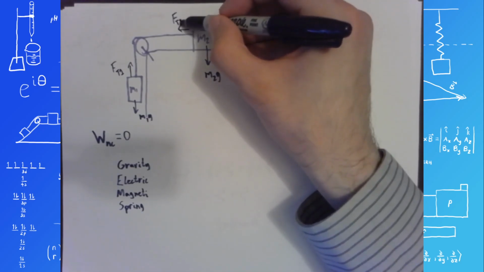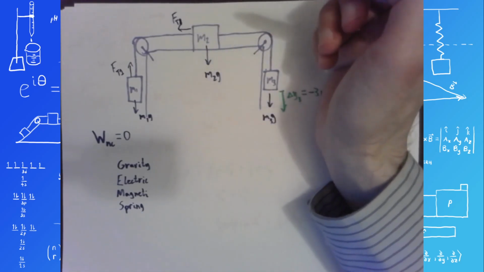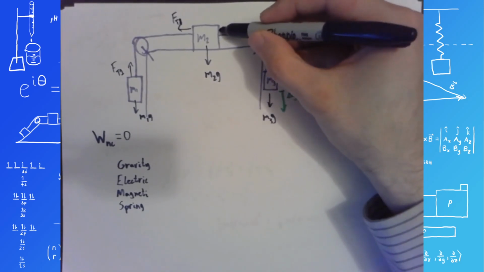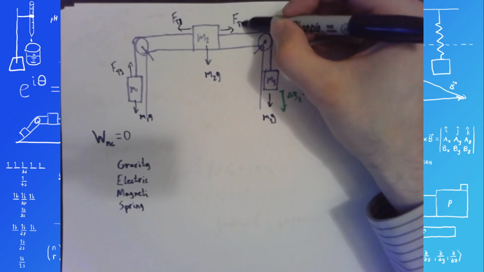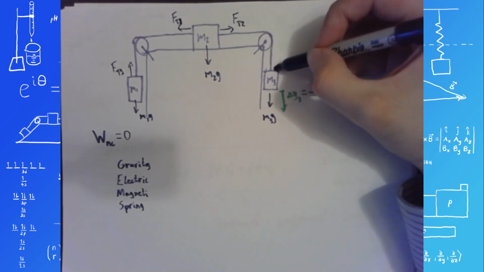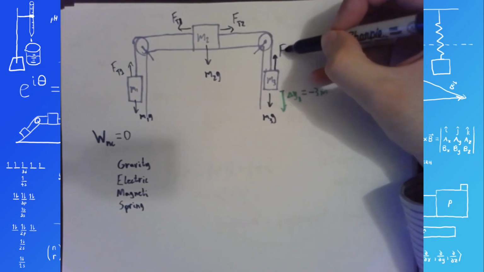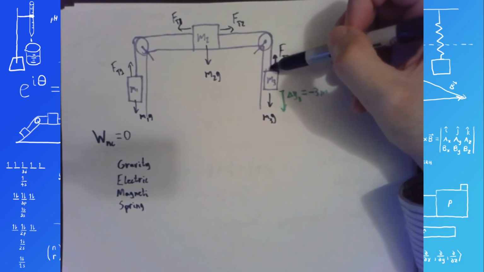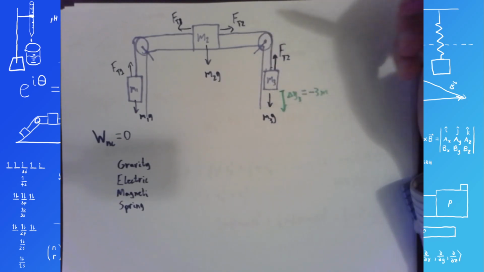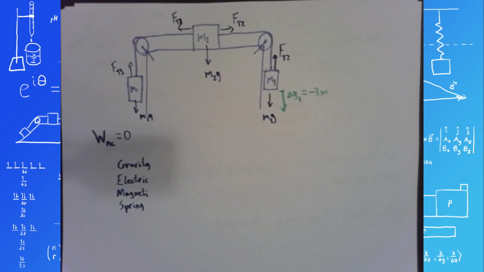Whoops, did I accidentally write a 2? Ft1. And on this side, it'll experience force of tension 2. And this thing will also experience force of tension 2. Technically, the force on this side of the rope and this side of the rope are going to be slightly different, but we are assuming that these pulleys are light and frictionless, so don't worry about the rotational dynamics going on here with the pulleys.